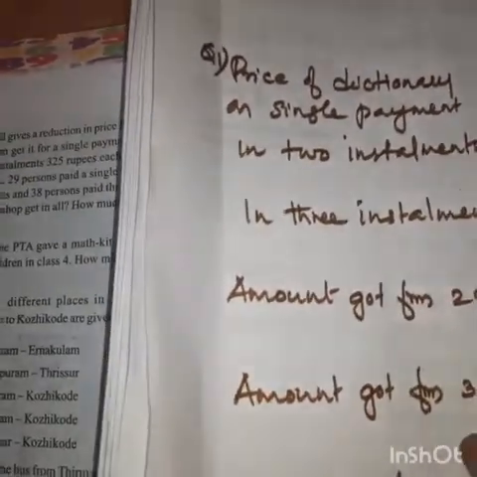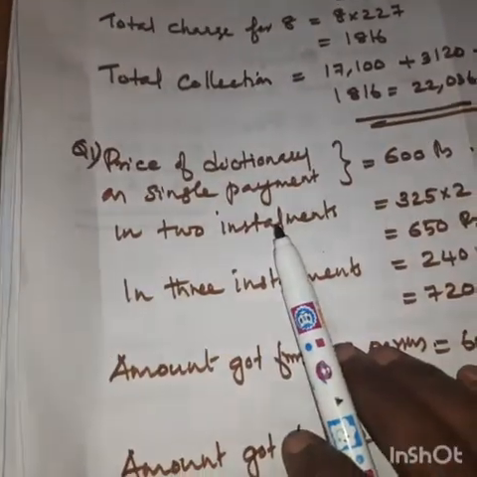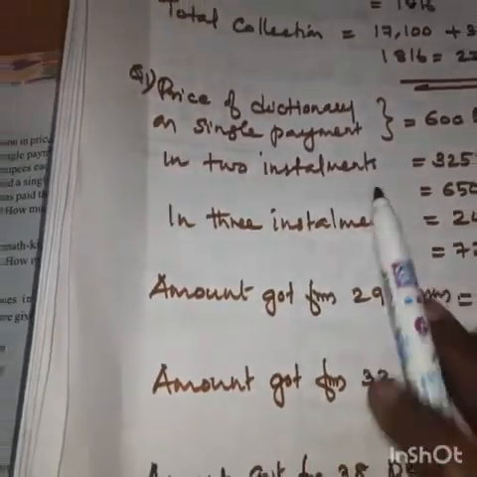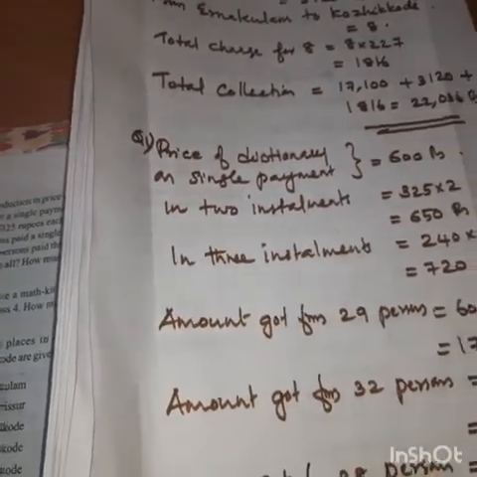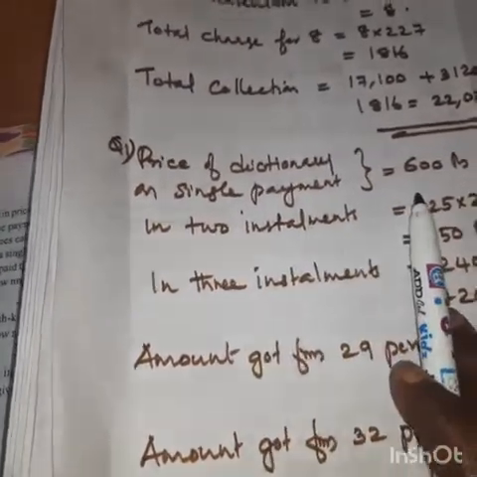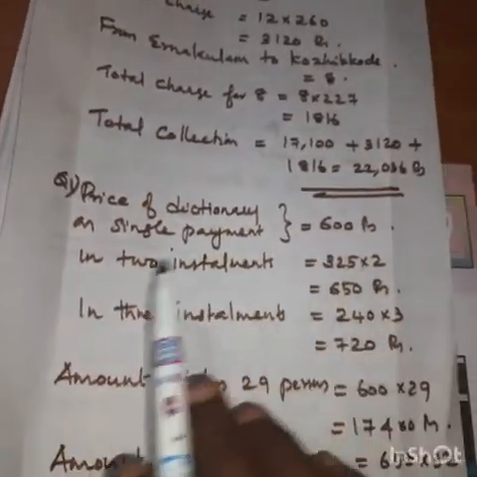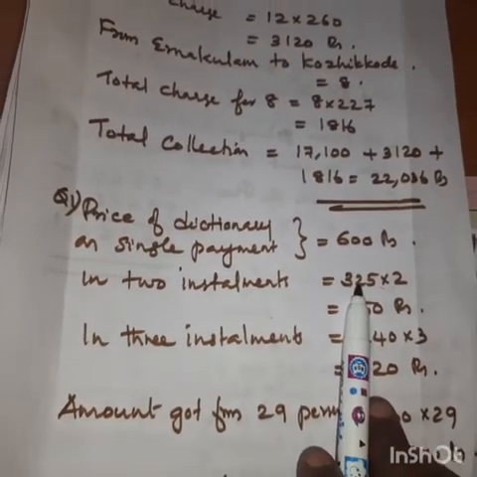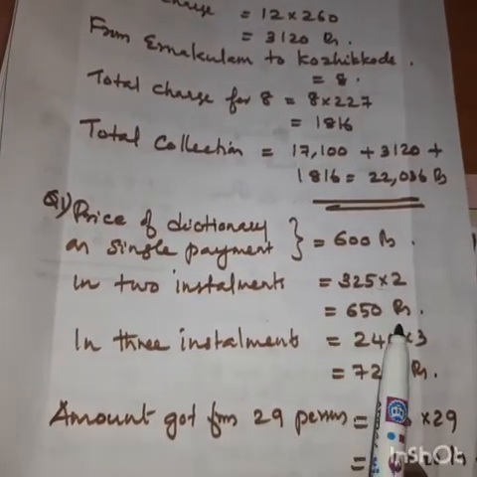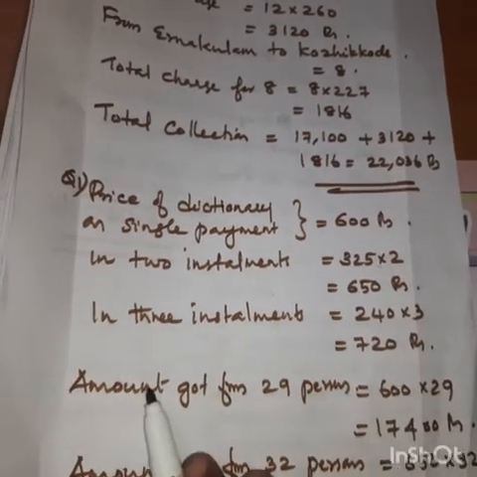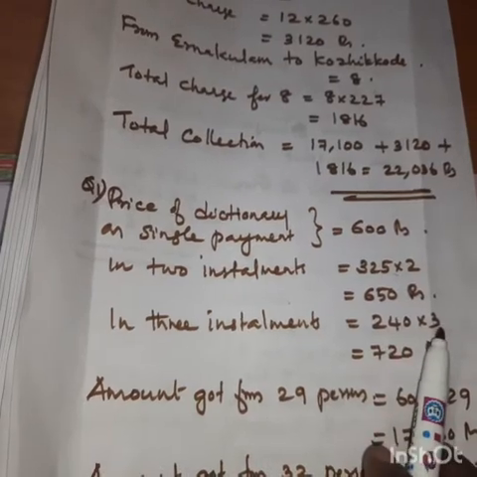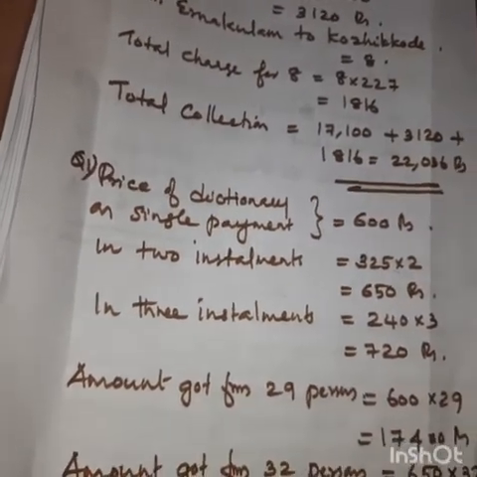One can buy it as a single payment or in 2 installments or in 3 installments. Price of the dictionary in a single payment is 600 rupees. In 2 installments, each is 325, therefore 2 installments means 650. In 3 installments, each installment is 240, for 3 installments 720.